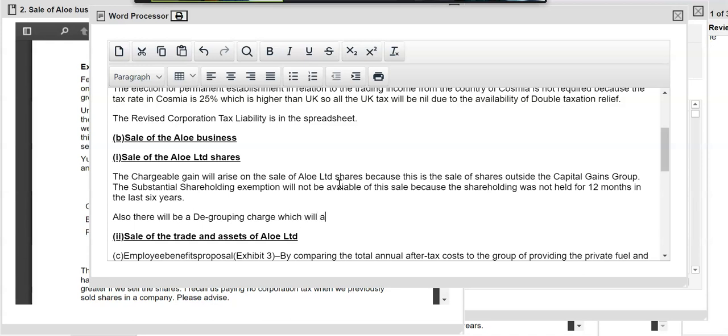which will arise on LO Limited because this is leaving the group.